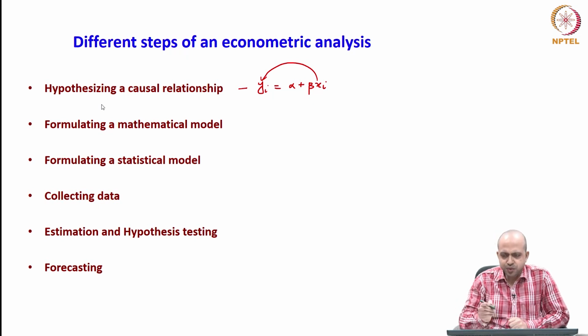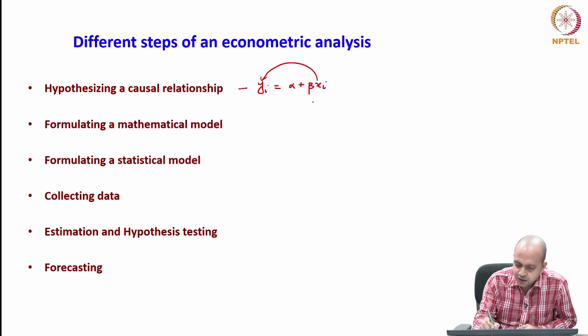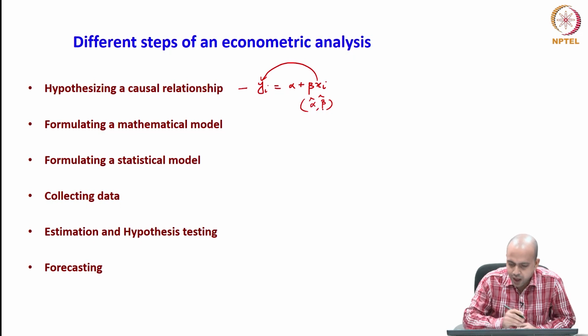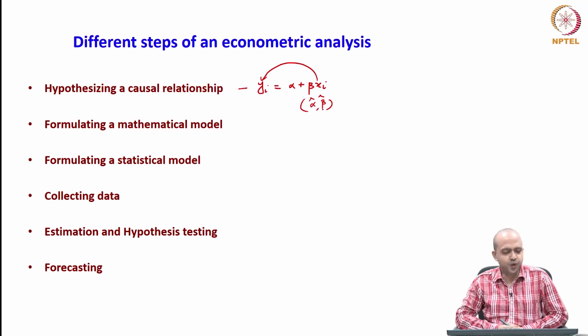That means if you estimate this model, you will get alpha hat and beta hat as the estimates of alpha and beta. So, once you estimate your model, if I tell you some value of x, which is let us say 600 rupees, then you would be able to exactly predict the individual's consumption.